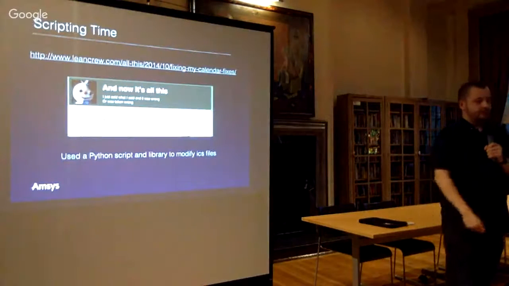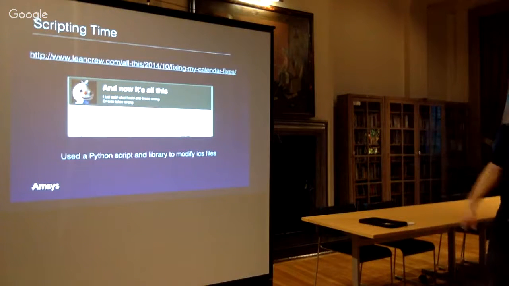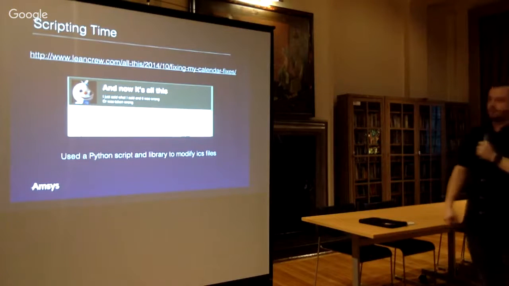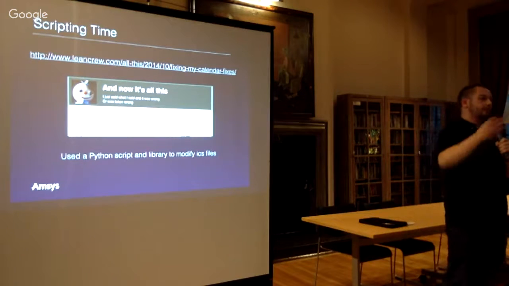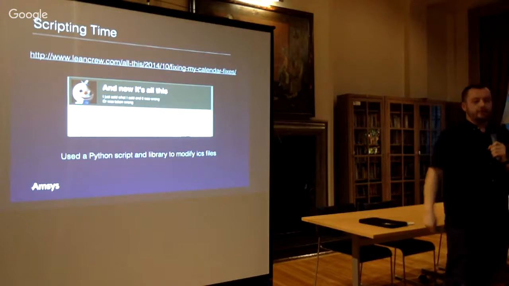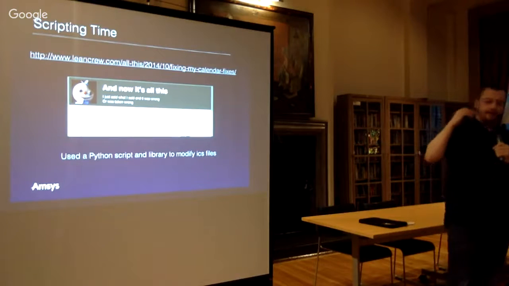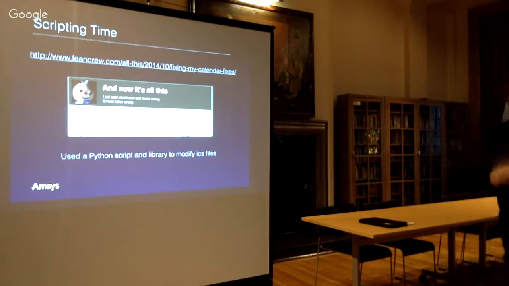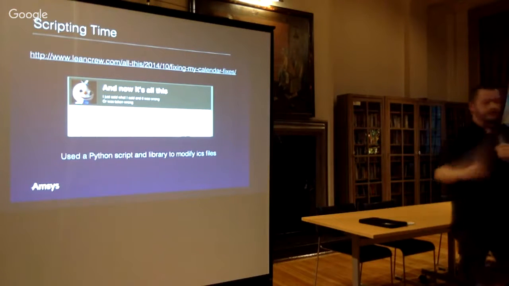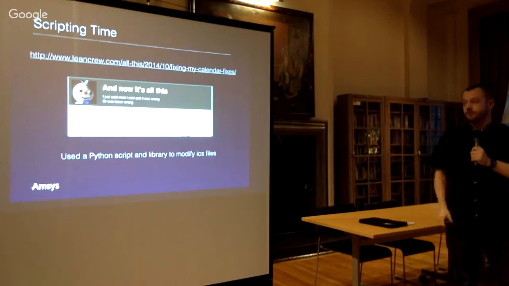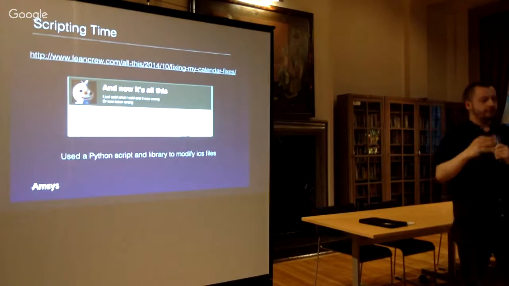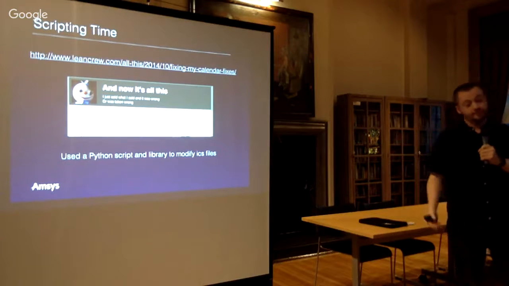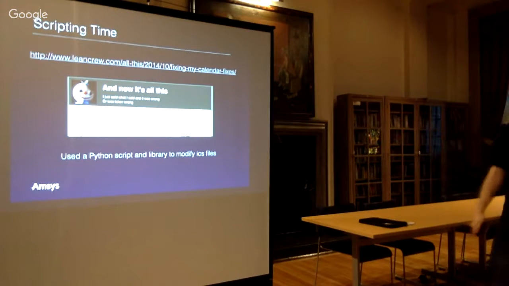After doing a bit of research, I found an analyst's blog, a particular post by Dr. Brown. I'm not sure who that person is, but they were very helpful. They had a specific scenario where they were downloading ICS files from their airline provider that had formatting information they didn't like. So he or she wrote a Python script and used a third-party library to modify the ICS file before importing it.